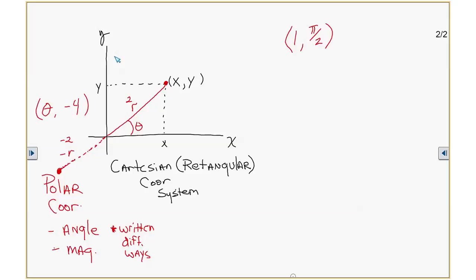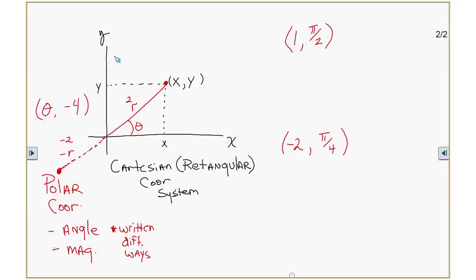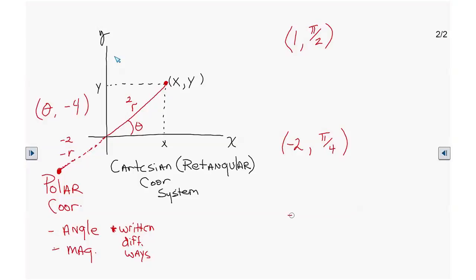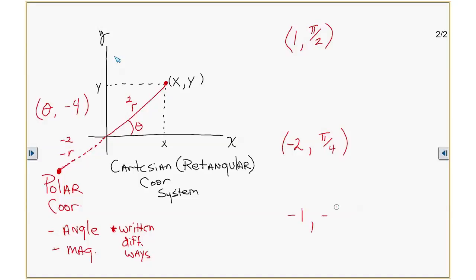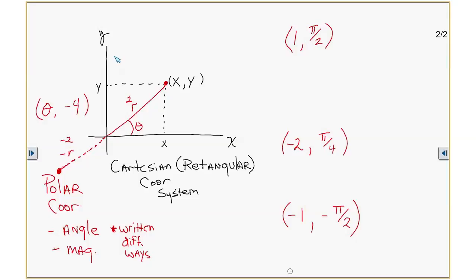The second one is -2, pi over 4. And the third one is -1, pi over 2. So what I want you to do is I want you to plot those through.